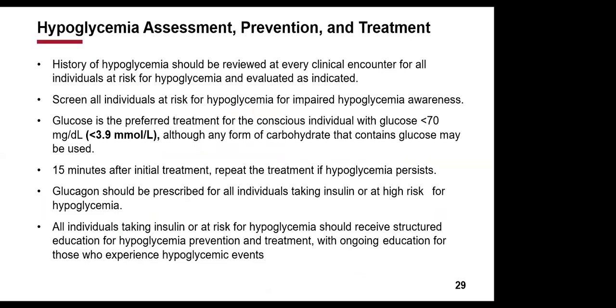You also screen them for hypoglycemia awareness: can they tell when they have hypoglycemia? Glucose, of course, is the preferred treatment for all conscious patients with blood glucose levels less than 3.9 millimoles per liter. Although any carbohydrate can be used, we usually prefer to use glucose.